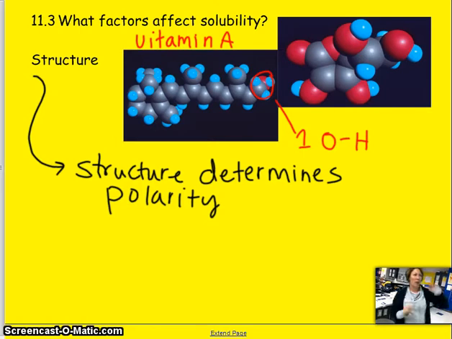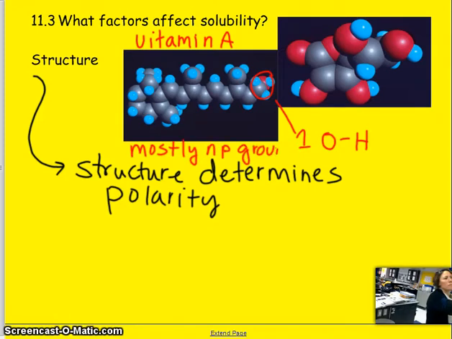There's a couple hydrogens bonded there, but it's mostly nonpolar groups. This is a largely nonpolar molecule, and it is soluble in nonpolar substances like fat. So this is a fat-soluble vitamin.